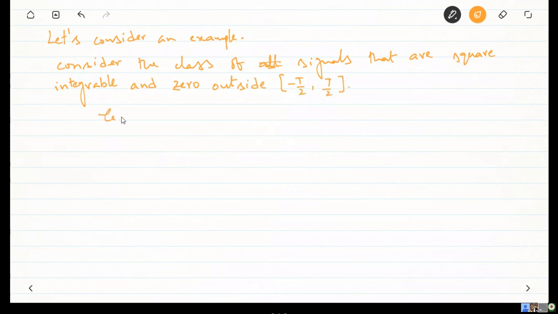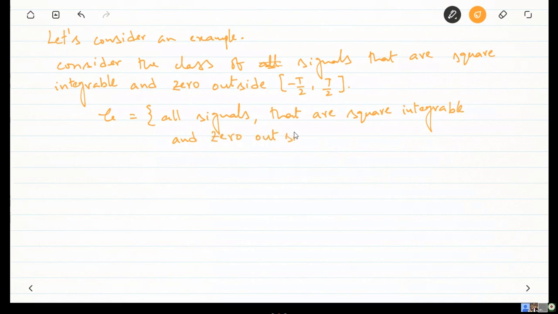That means here my class of signals is the set of all signals that are square integrable and 0 outside the interval minus T by 2 to plus T by 2.